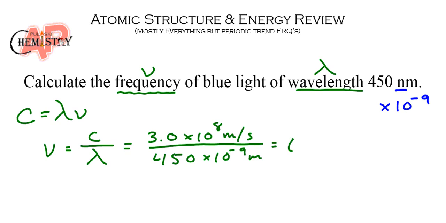Plug all that in, and I get 6.67 times 10 to the 14th hertz. Reminder, hertz, if you're forgetting your units, is equivalent to 1 over seconds or inverse seconds. It's all the same. So it's a pretty basic, straightforward frequency wavelength relationship problem.